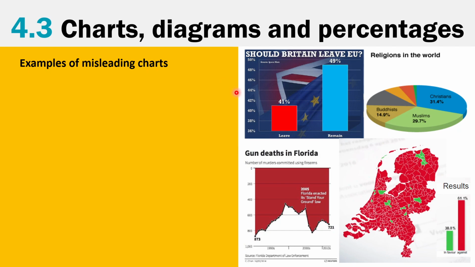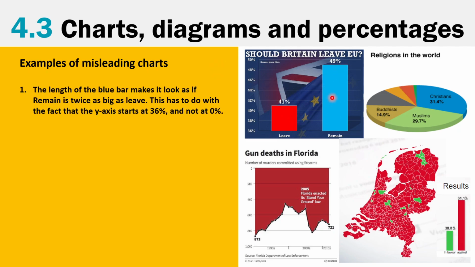Let's take a look at some misleading charts, which some of you might actually recognize from previous year, because these were examples in the project about international migration. For example, the first one: should Britain leave the EU? If you take a look here, you see that the axis starts at 36%, which means that the difference between 41 and 49% is elevated a lot here.